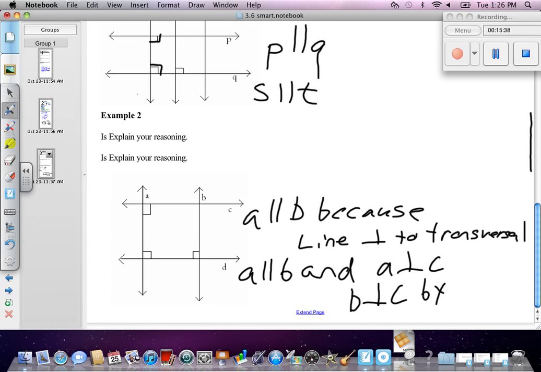Perpendicular transversal theorem. B is perpendicular to C by the Perpendicular Transversal Theorem.